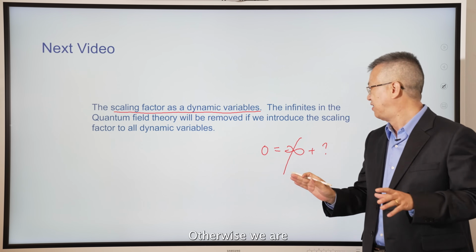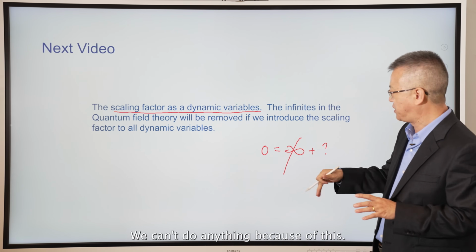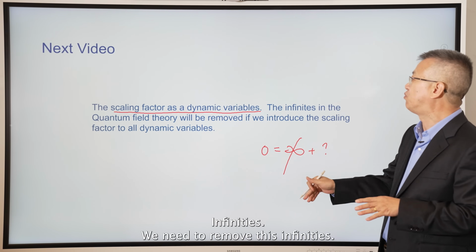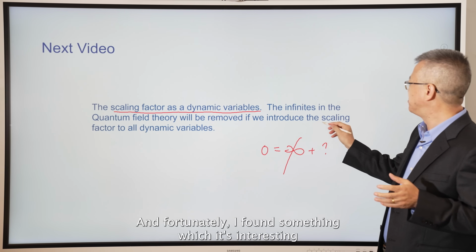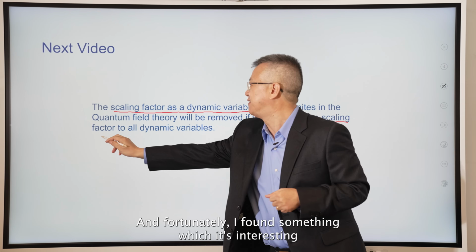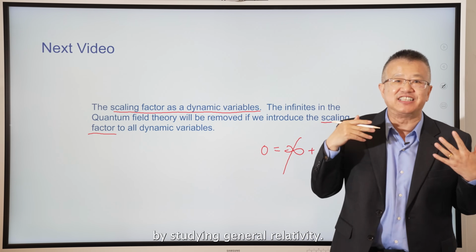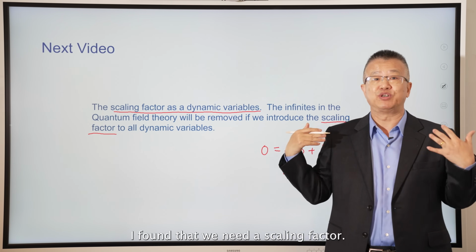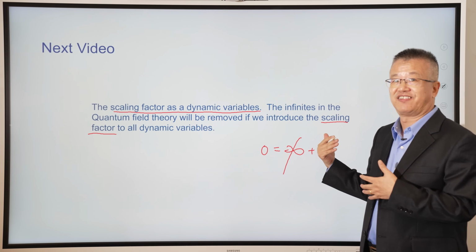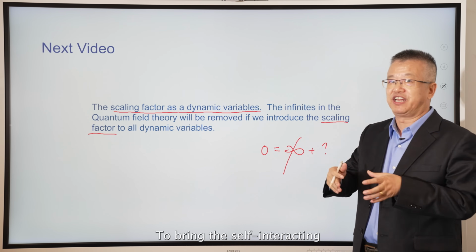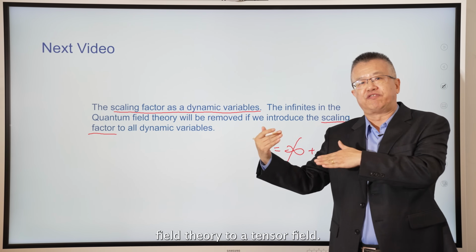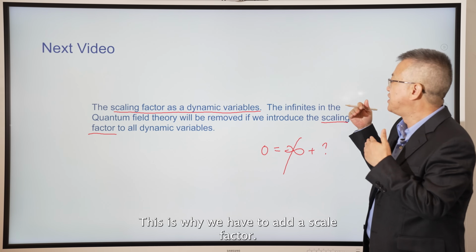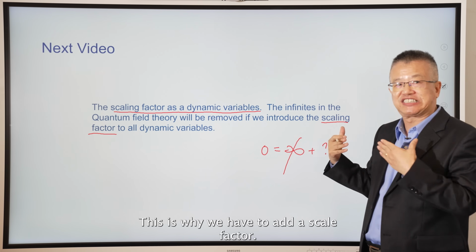Otherwise, we can't do anything because of these infinities. We need to remove this infinity. Fortunately, I found something interesting. By studying general relativity, I found that we need a scaling factor to bring the self-interacting field theory to a tensor field. So this is why we have to add a scale factor, okay.